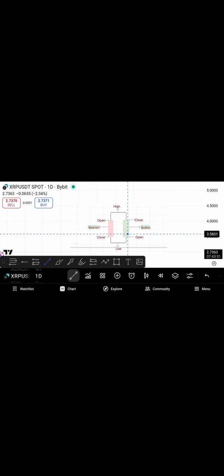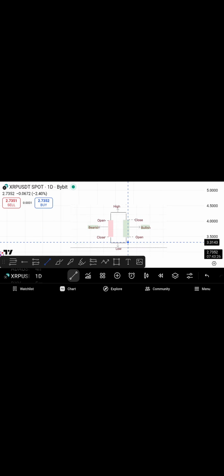There is a high wick and a low wick. So what causes it? On bullish, what causes this wick is seller variations. After this bullish candle opens, it starts coming up, and it creates a wick.